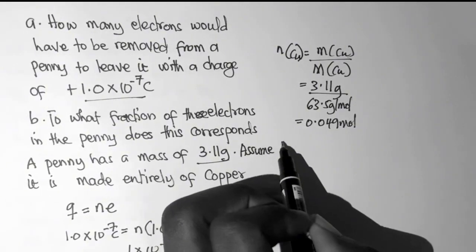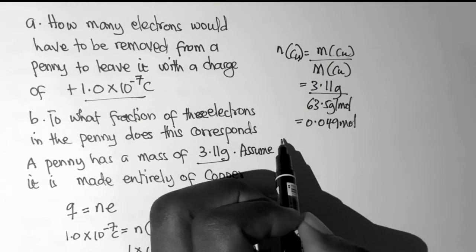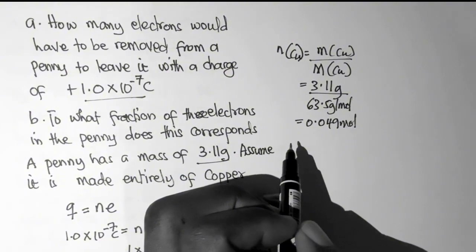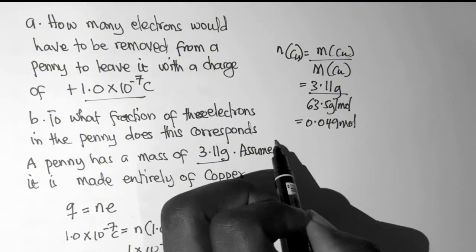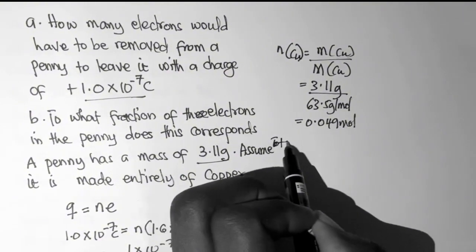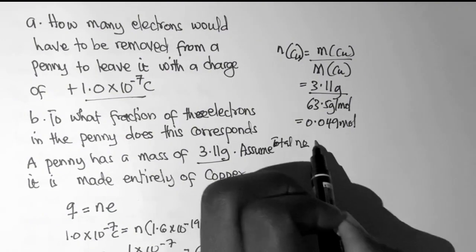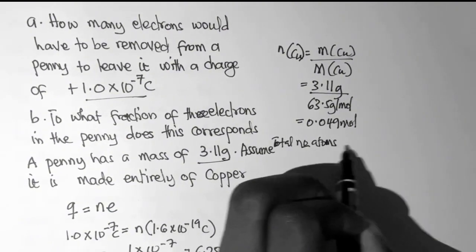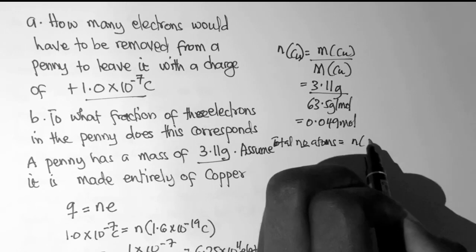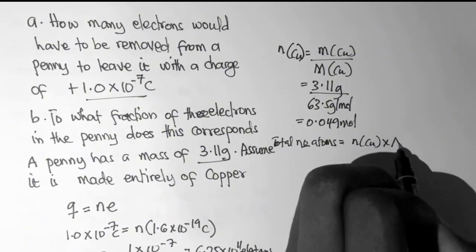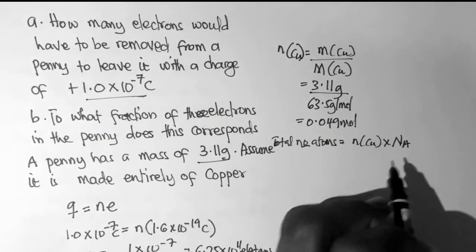Then now let's find the total number of atoms. The total number of atoms is equal to the number of moles of copper times Avogadro's constant.